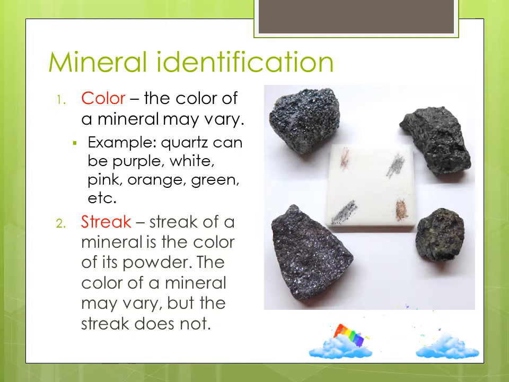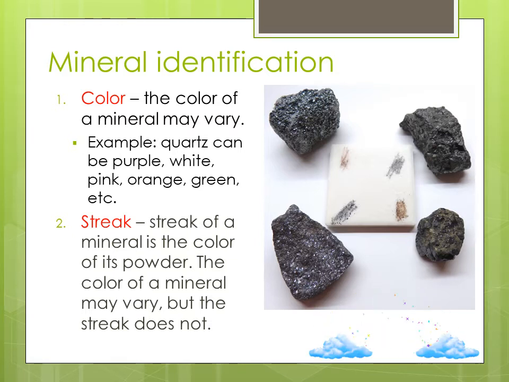First of all, we begin our mineral identification by looking at the color. Now, the important thing is that the color of a mineral may vary. It may be different. An example, quartz.